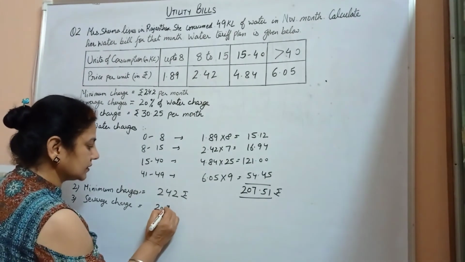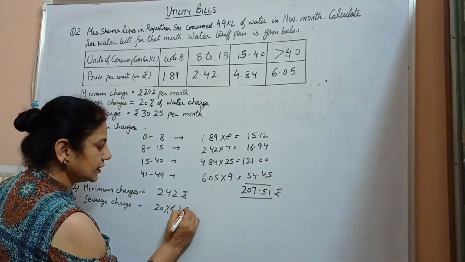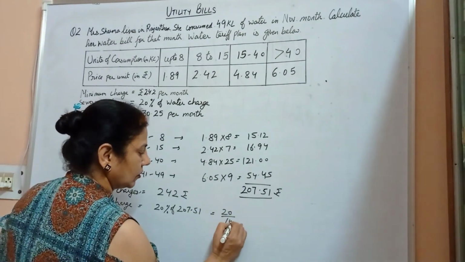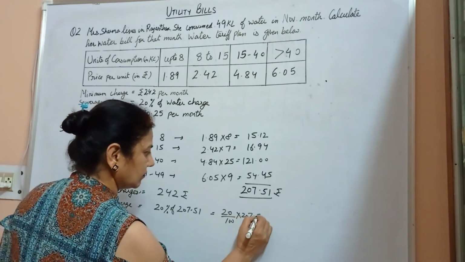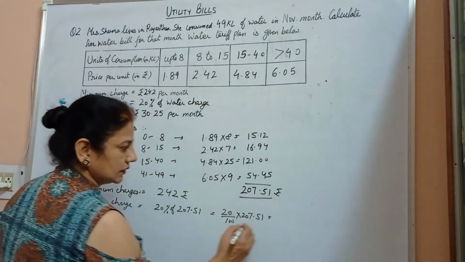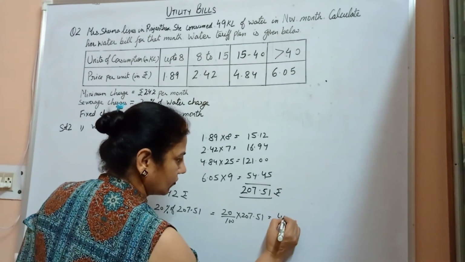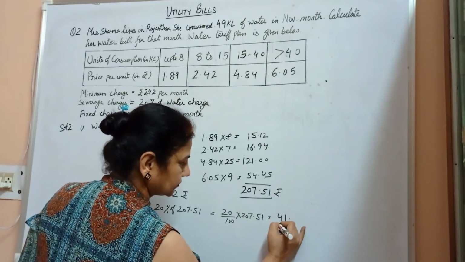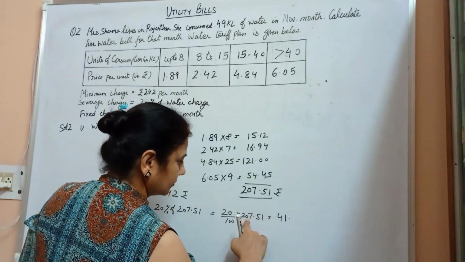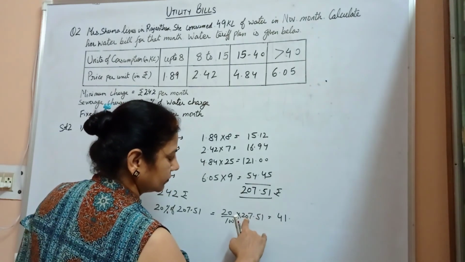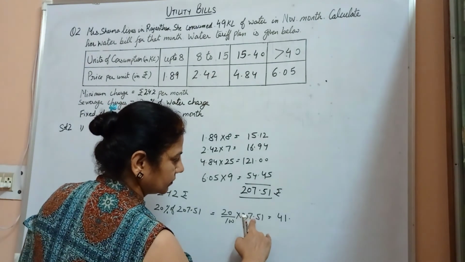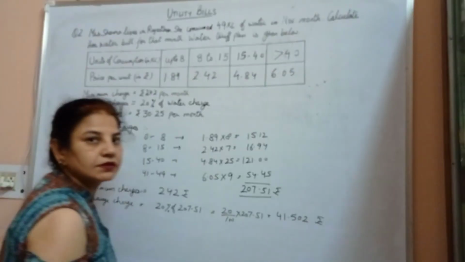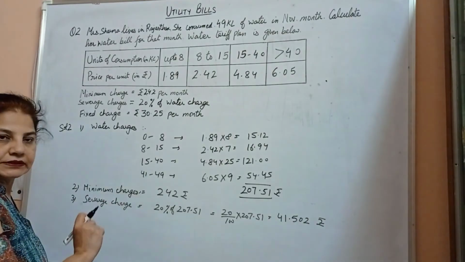So 20% of 207 rupees 51 paisa comes out to be 20 upon 100 into 207 rupees 51 paisa. This means 41 rupees 50 paisa.